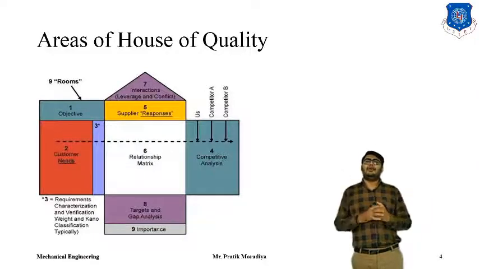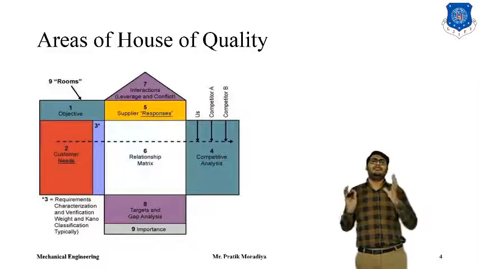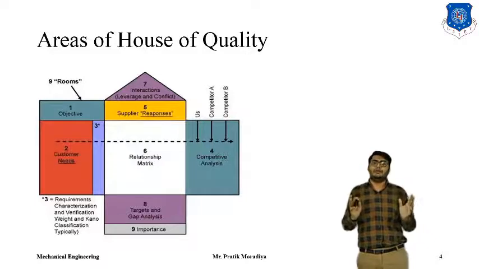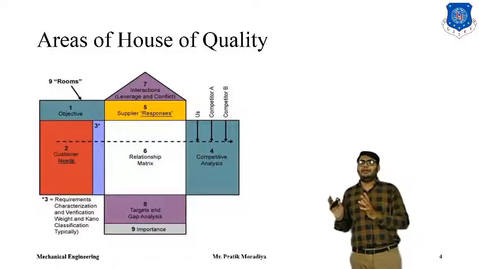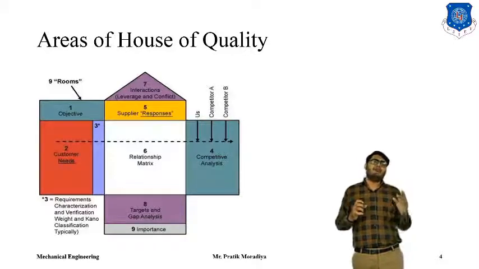And then there is an area called the roof. This roof will find out relations within the hows only. The relationship matrix finds out the relation between what and how, whereas the roof will find out relations between different hows.